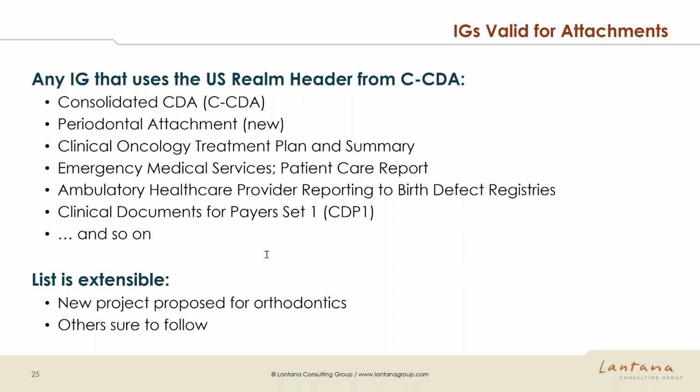It is important to note that this list is extensible. For example, there's a new project proposed for creating an implementation guide for orthodontics. That one will use the US Realm header, and therefore once it's finished and published, it will become a legal implementation guide for defining attachments as well. And there are plenty of others that are proposed or in the works as well. So this list will grow over time. Next slide.